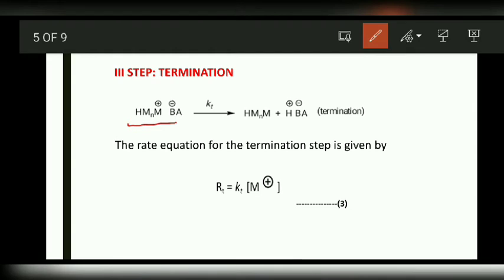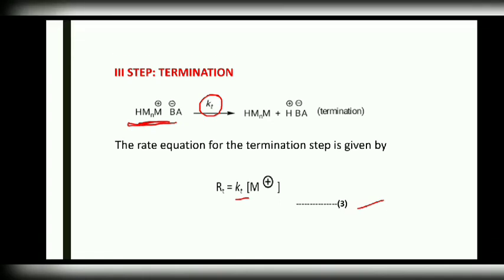The rate constant of this termination reaction is Kt, and the rate equation for this step is given by Rt is equal to Kt, that is the termination rate constant, into molar concentration of carbonium ion, right. M plus means carbonium ion concentration. Call this equation number 3.